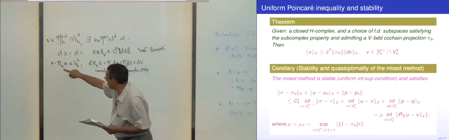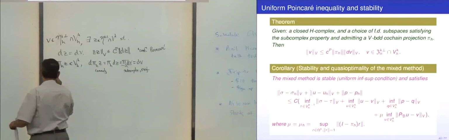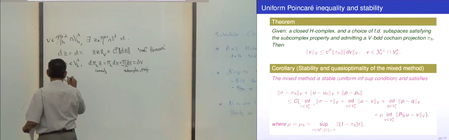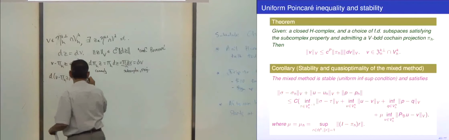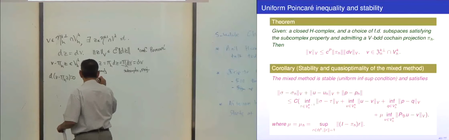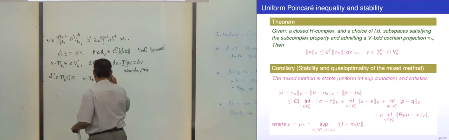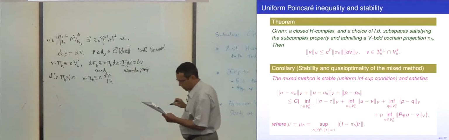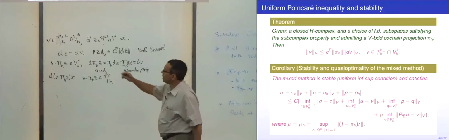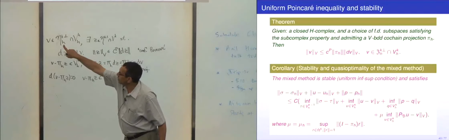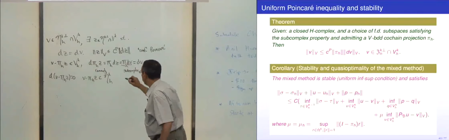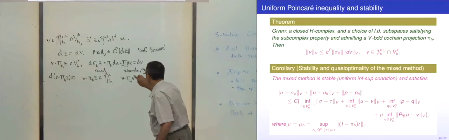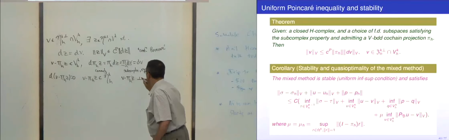That says d of this thing is equal to 0. So d of (v minus pi^h z) is equal to 0. In other words, v minus pi^h z is in Z^h, the null space of d. Okay, and v was in the orthogonal complement of Z^h. So v minus pi^h z is orthogonal to v.